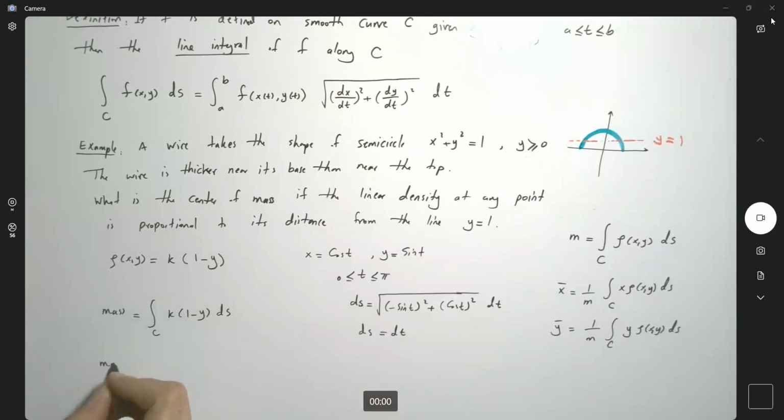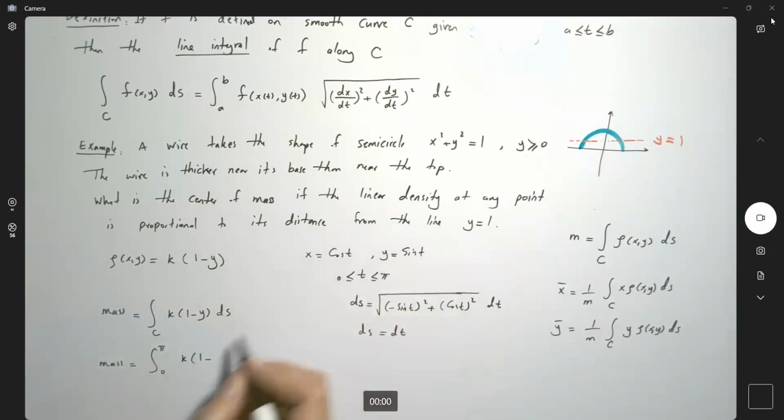So the mass is the integral from 0 to pi of k times 1 minus sine t, and ds, which is dt.